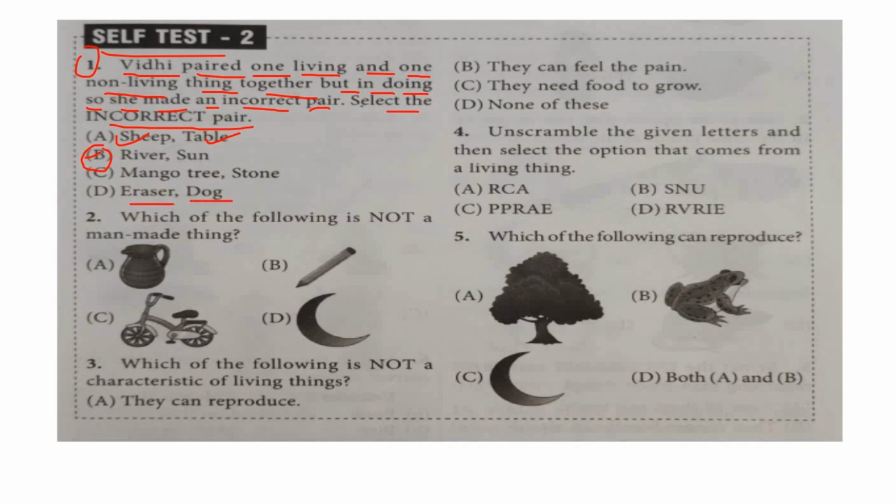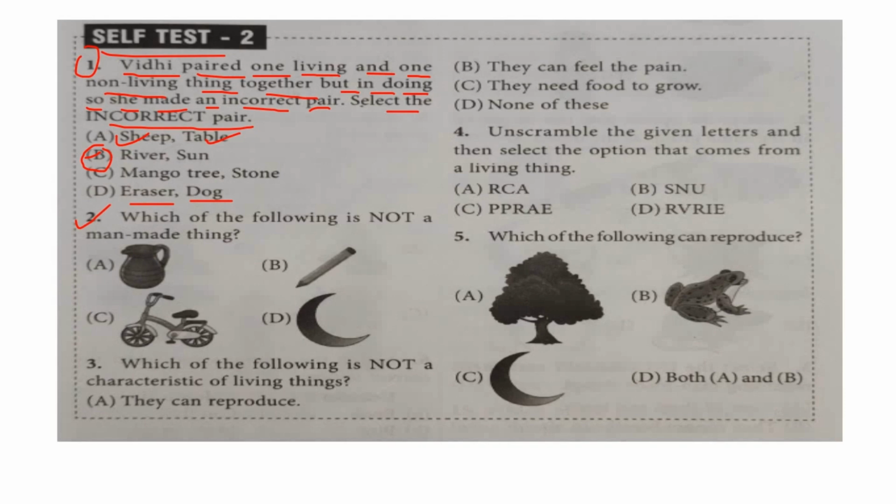So the incorrect pair, because the pairing has been done for one living and one non-living, is option B, where both are non-living things. So sheep, mango tree and dog are living things, while table, river, sun, stone and eraser are non-living things. So option B is our answer.